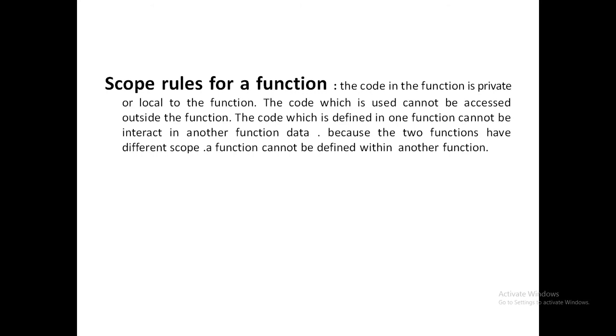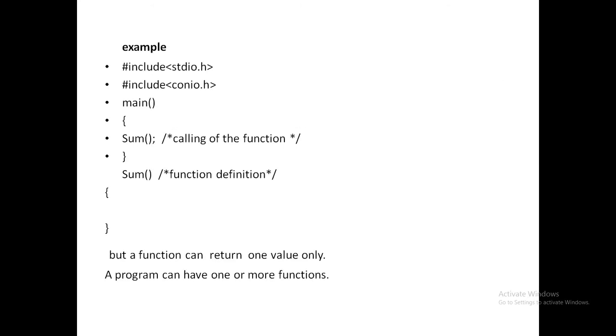Suppose the code in the sum function definition is there. The code which is defined in a function is private or local to that function. Whatever code is defined in the sum function cannot be accessed by another function or any other place, because it is local or private to the function.